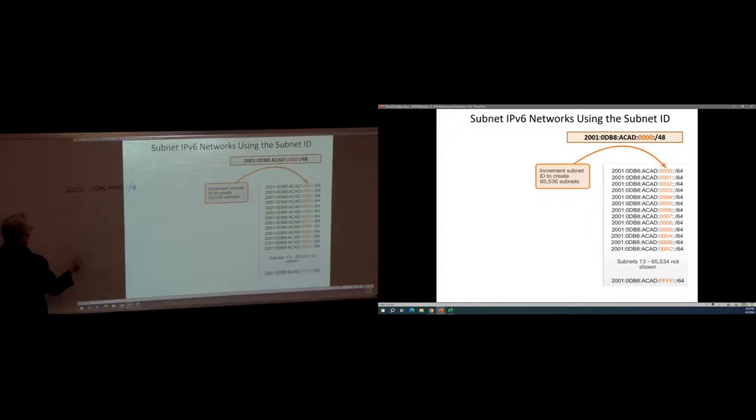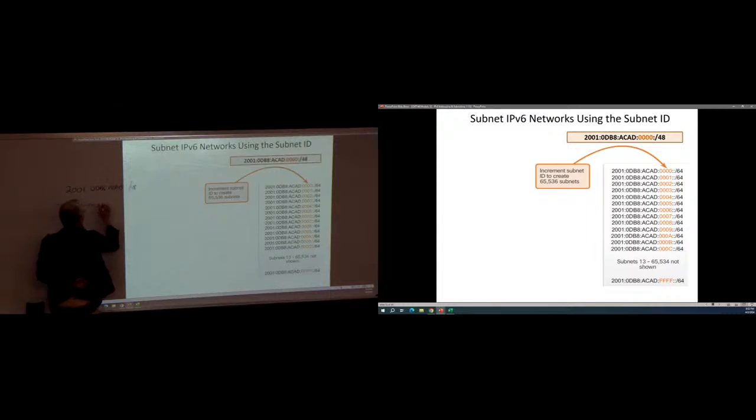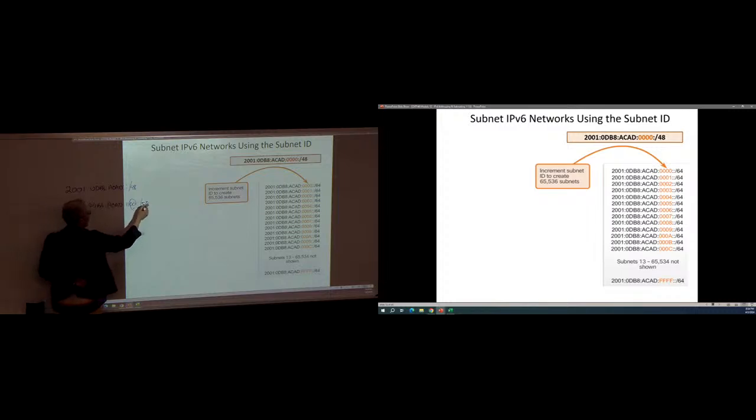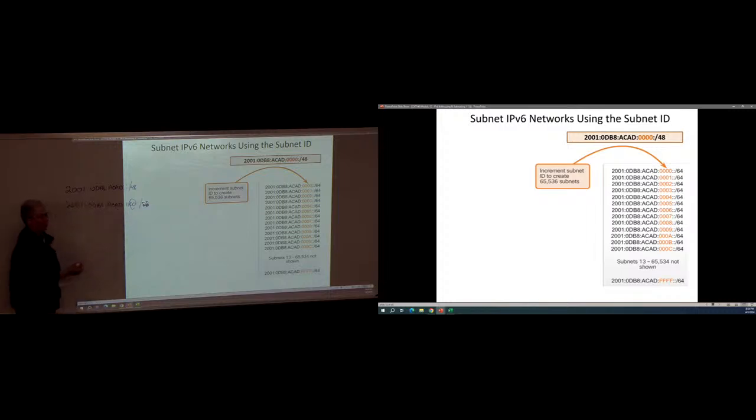They might give us 2001:0db8:ACAD:1100::/56. They might give us a /56 and say, use these to do your subnetting. We're still using the 4th hextet, but they're telling us, look, 56 of these bits are ours. Don't use those.